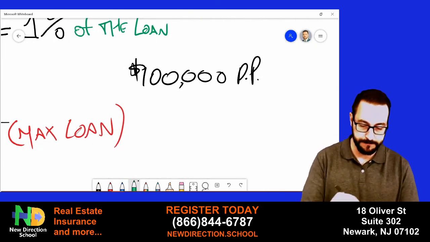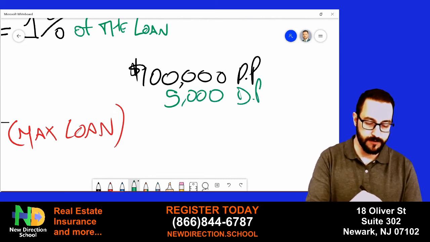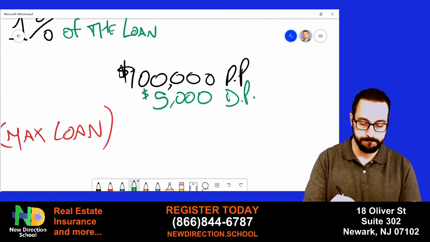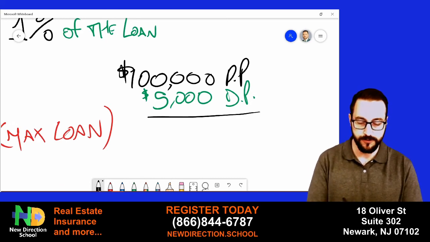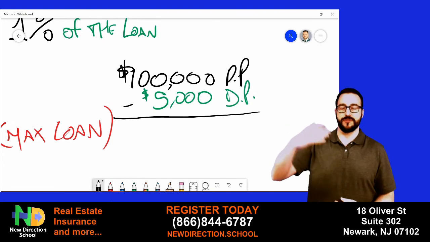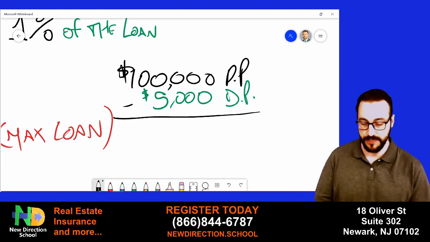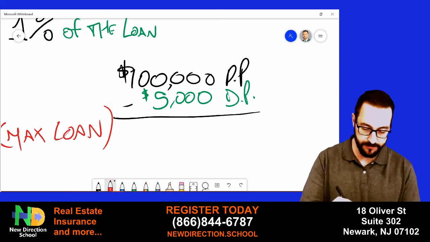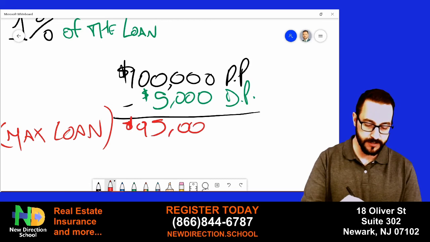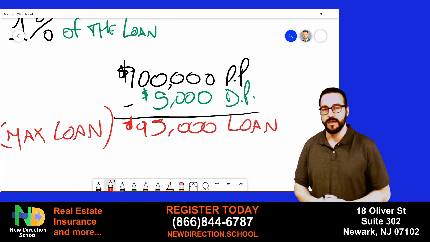In this case, $5,000 down payment. And then my question was, what was the difference? Now, the difference between $100,000 purchase price minus the $5,000 down payment is your loan amount. As we just said before, from the LTV, we determine the loan amount. So $95,000 loan.